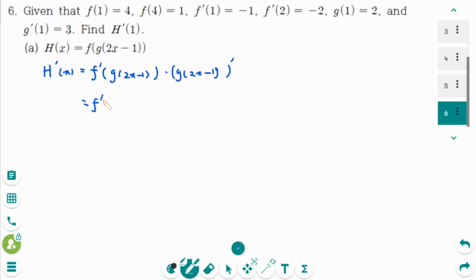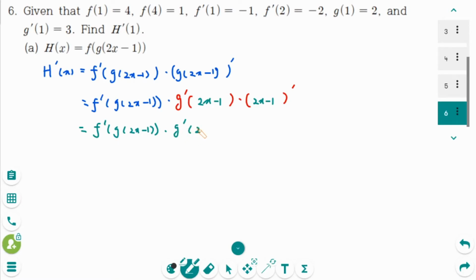Then f prime of g of 2x minus 1 times, now g is the outer function, so g prime of inner function times inner function prime. Then keep the inner function 2x minus 1. So f prime of g of 2x minus 1 times g prime of 2x minus 1 times 2.